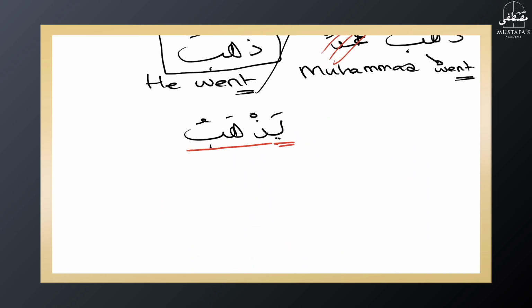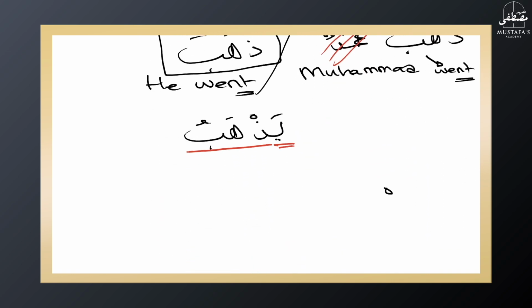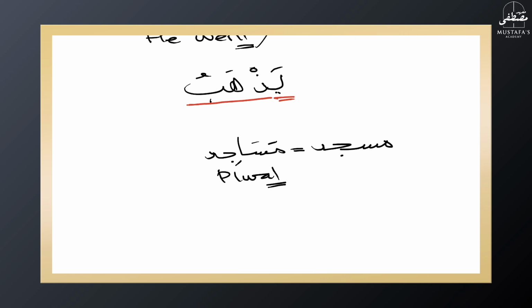What if you want to say the plural of masjid? The plural of masjid is masajid. This is plural, by the way. How do you know how to say masajid? You would only know through morphology, okay?